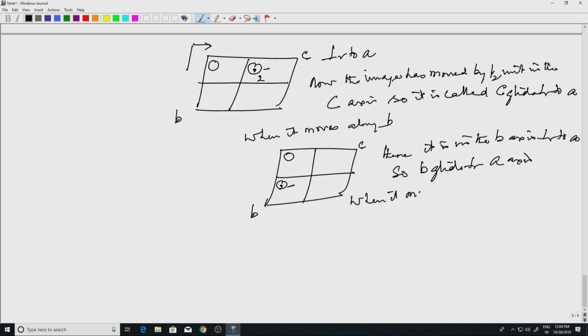When it moves both in B and C direction, that is diagonally.